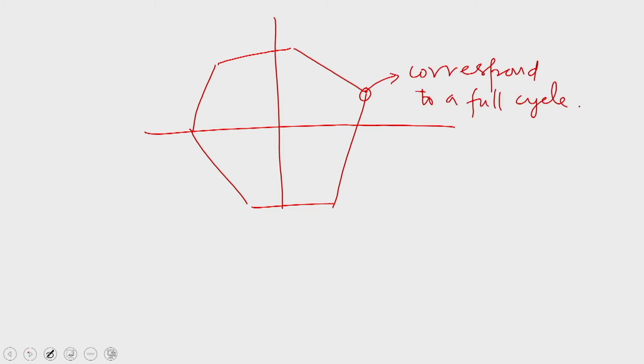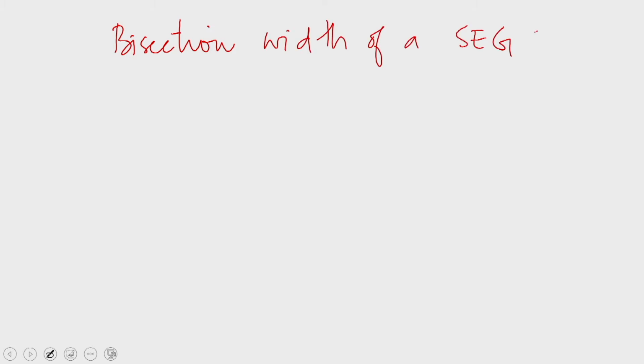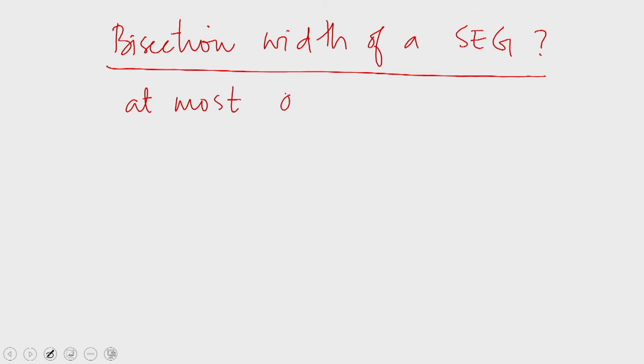Now, why did we do all this? We want to find the bisection width of a shuffle exchange graph. First, what I want to claim is that at most order of n by log n nodes are at the origin.